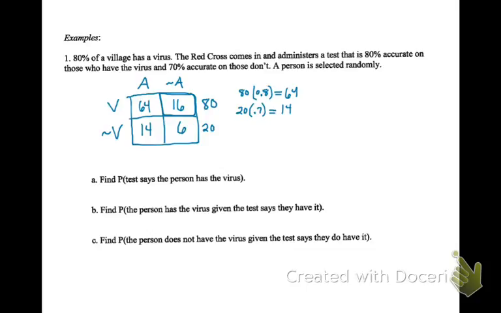Now you have to be really careful what each little box and square represents in here. So let's go through each square. This first square with the 64 represents those who had the virus where the test said that they had the virus because it's accurate. The next box with the 16 represents those who had the virus, however the test was not accurate, so the test said that they did not have the virus.